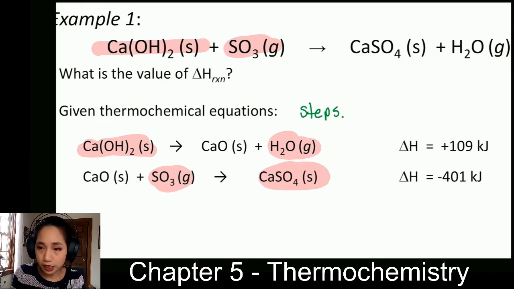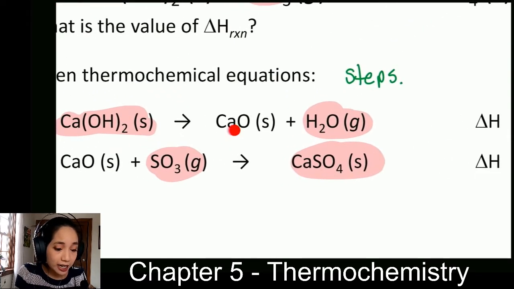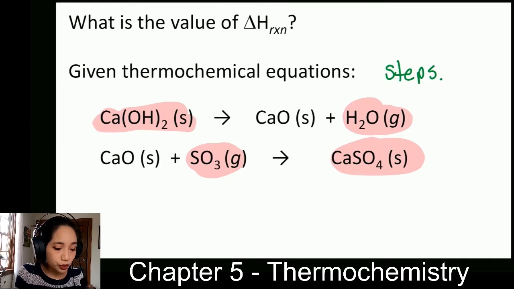But let's take a look at these thermochemical equations, because the sum of the steps, as long as it equals the target chemical reaction, gives the enthalpy of that target reaction. Calcium oxide is a product in the first step, but calcium oxide solid is also a reactant in the second equation.